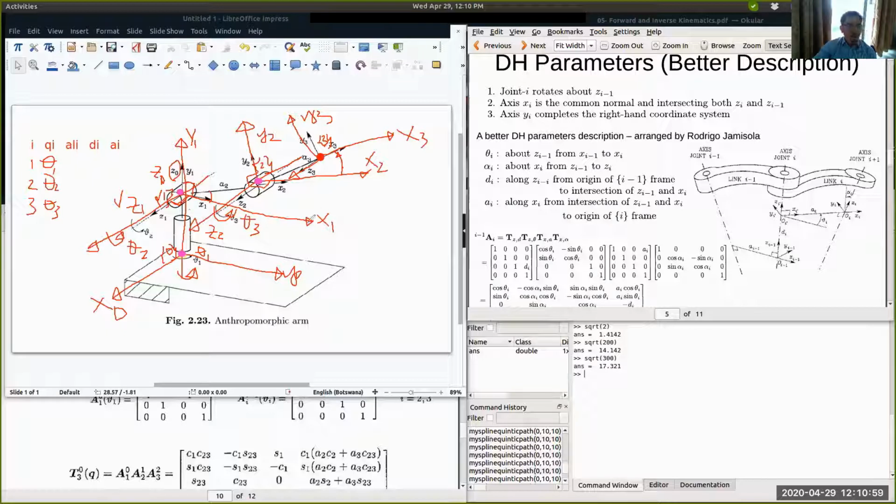There's x1. About x1 from z0. Where is z0? So that is your x1, and in this case from z0 to z1. From z0 to this one, that means from there move to here, about the x direction, about the direction of this x.